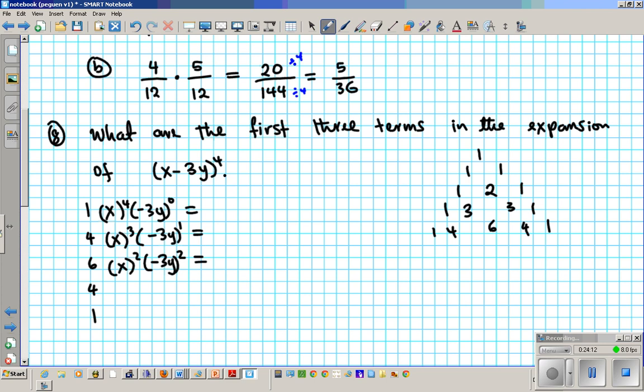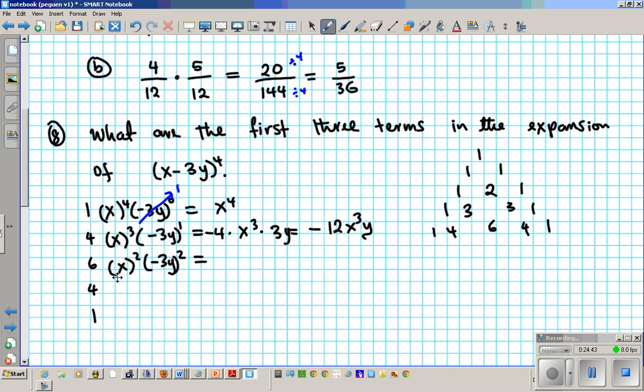All right. So negative anything to the 0 is 1. So this one becomes 1, and you're left with x to the 4th. This one is going to become 4 times x to the 3rd times this minus. Does the minus come out? Since this is an odd power, the minus comes to the front, times 3. So this is negative 12 x to the 3rd y.